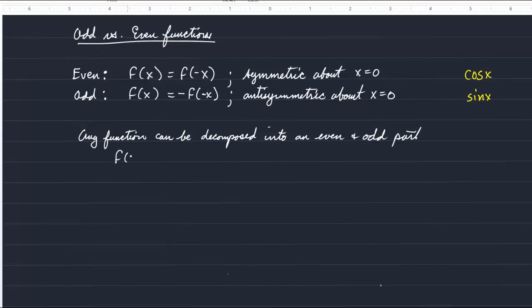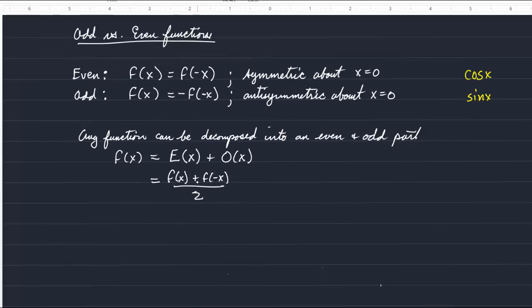So a decomposition of f of x can be written as the even part, represented by capital E of x, plus the odd part, represented by capital O of x. And that is done simply by taking f of x plus f of minus x divided by 2.